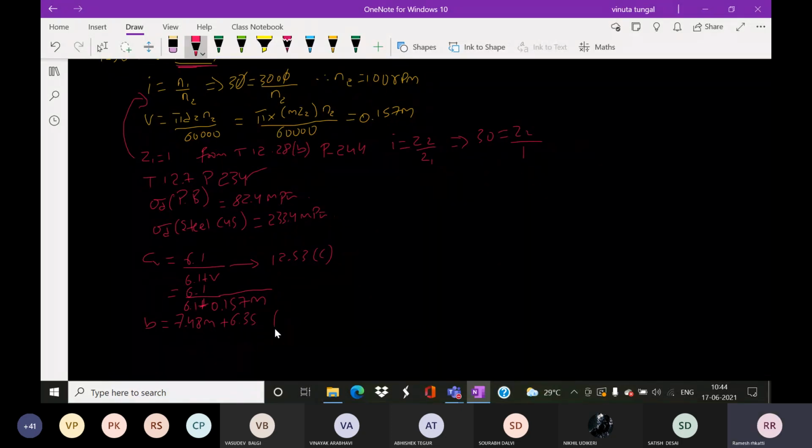This I have taken from table 12.27, page number 244. In this, m is also unknown, so keep it like that only.